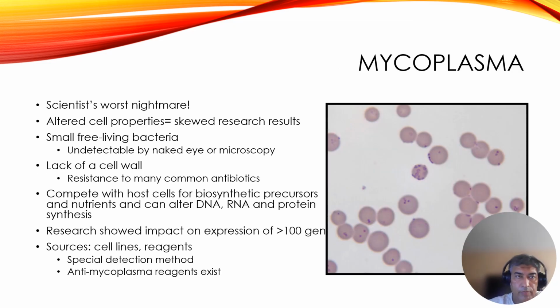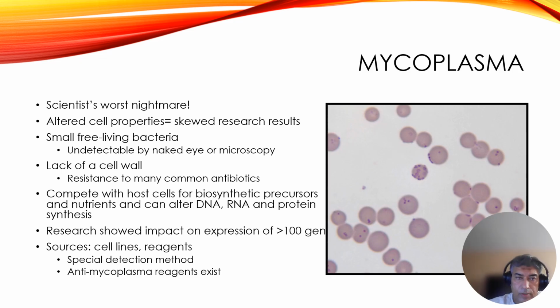In the cell culture environment, mycoplasma is called a scientist's worst nightmare. They alter the cell properties and skew research results. They are small free-living bacteria, undetectable by naked eye or microscopy. They lack a cell wall, are resistant to many common antibiotics, compete with host cells for biosynthetic precursors and nutrients, and can alter DNA, RNA, and protein synthesis.